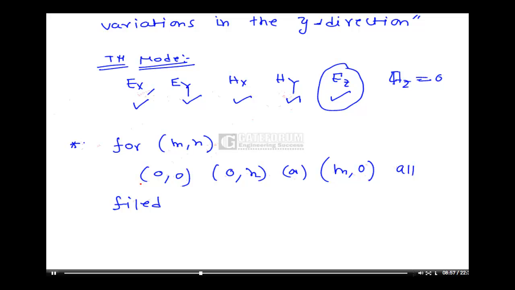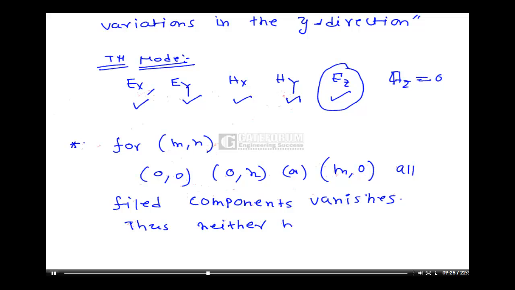If any one value is 0, because all the terms are in terms of sine, you will get sin 0 is 0, so all field components vanish. Thus, neither m nor n can be 0.